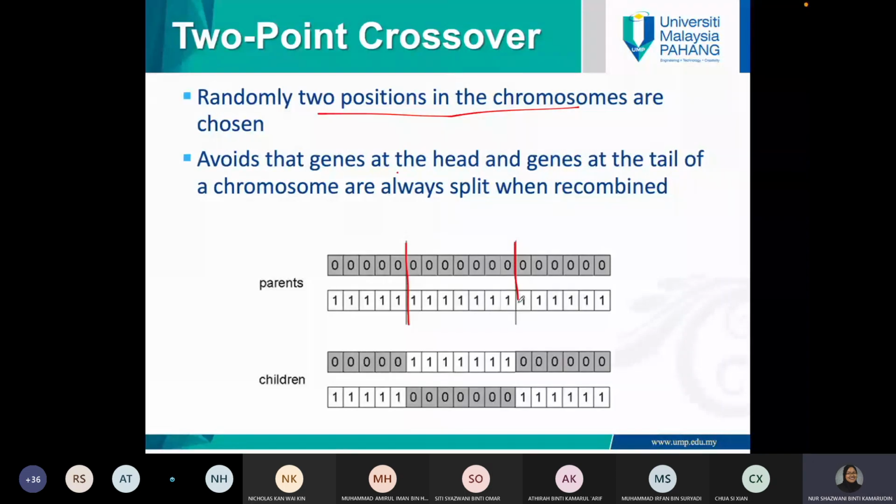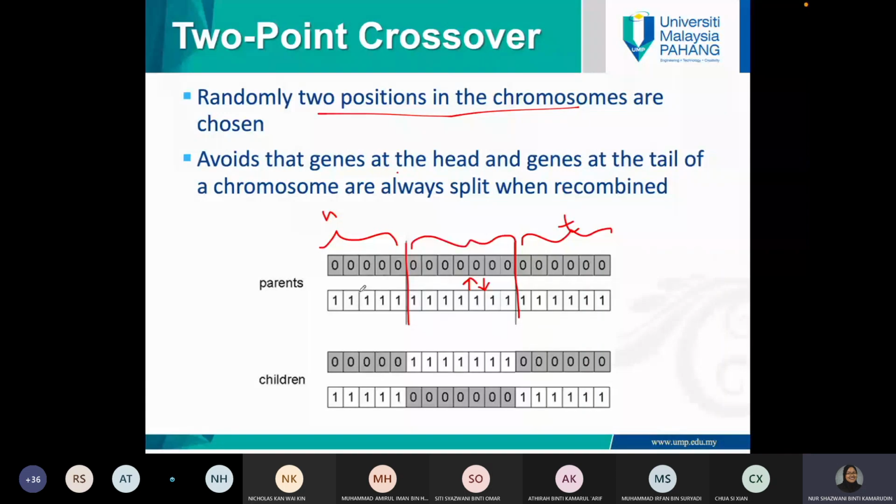This will be the head, and this will be the tail. What you have to do is exchange the middle part, the sequence in the middle, for 2-point crossover.